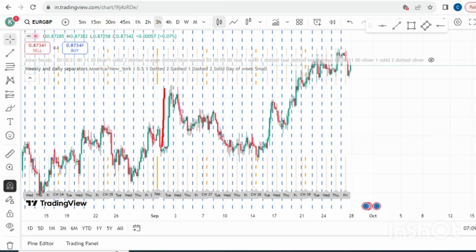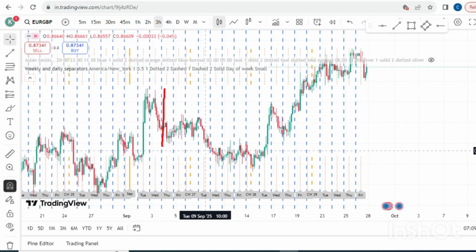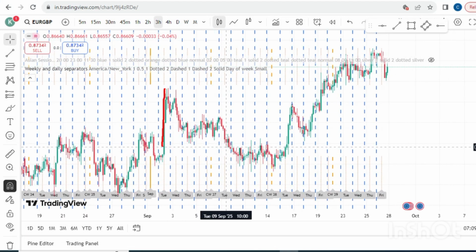Then Wednesday came and, let me expand this a bit. So Tuesday closed in breakouts, and then Monday closed on the inside.